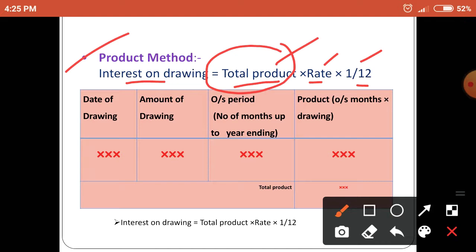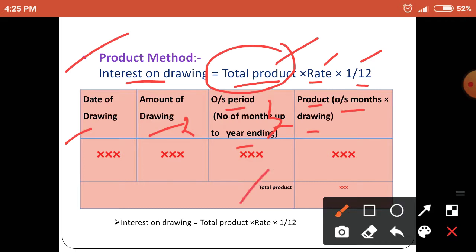The first column is the date of drawing, next the amount of drawing, next the outstanding period, that is the number of months up to year ending. You have to calculate the outstanding months, and lastly you calculate the product. It is nothing but outstanding months into drawing, the second column into the third column.